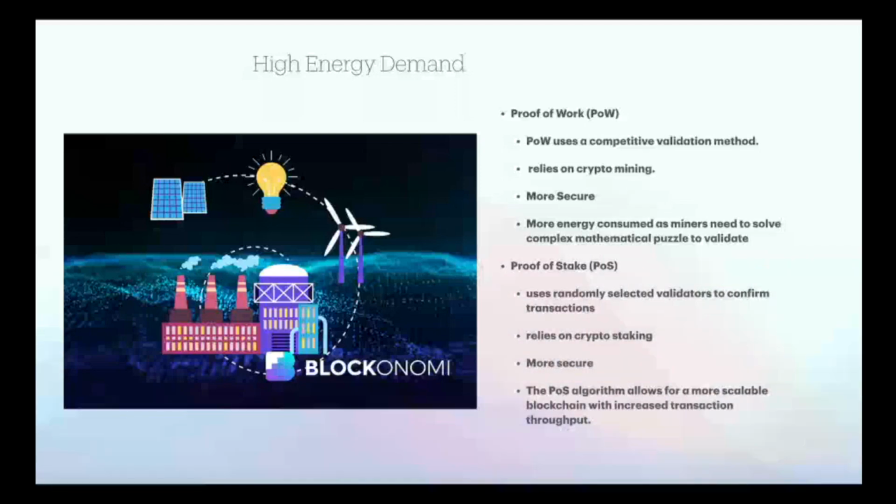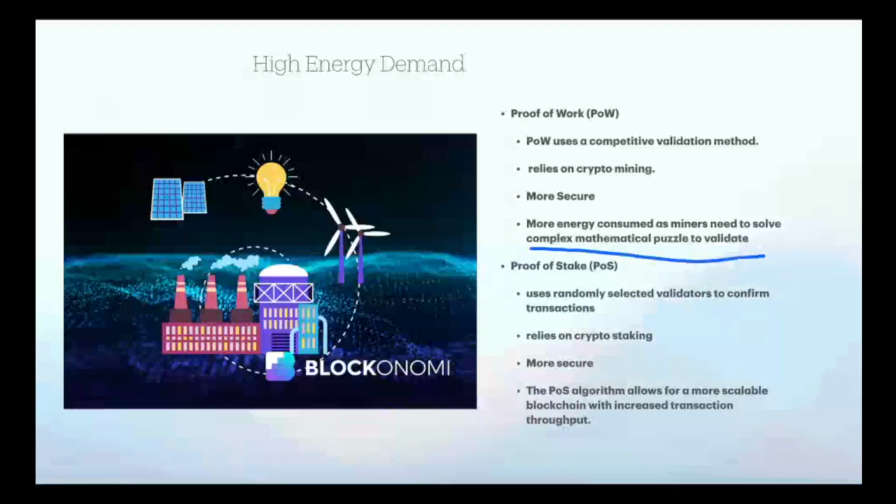Mining means going through the consensus algorithm in greater numbers, performing many operations, finding a hash code, then allocating it to the block and putting the block into the chain. For all this we need heavy energy and heavy computational resources. But it is more secure. More energy is consumed as miners need to solve complex mathematical puzzles to validate. That is the reason we need heavy energy.